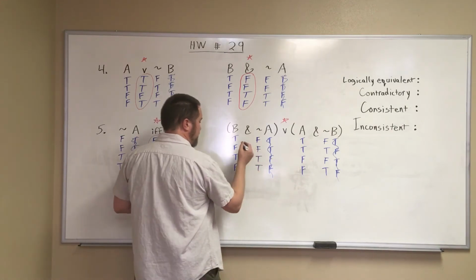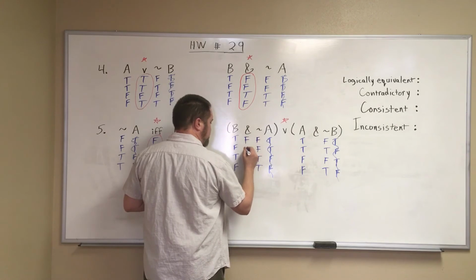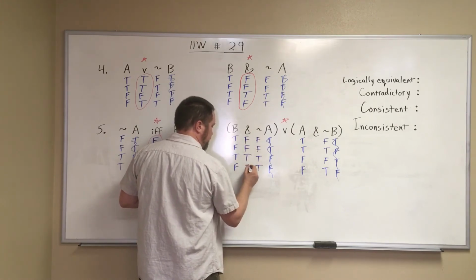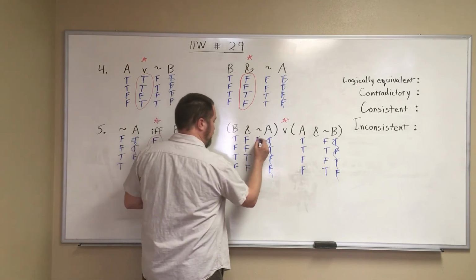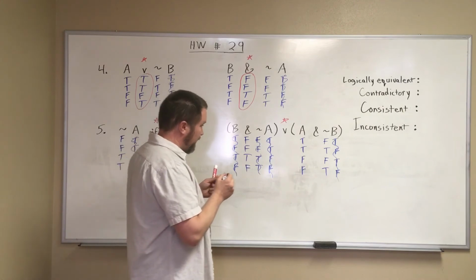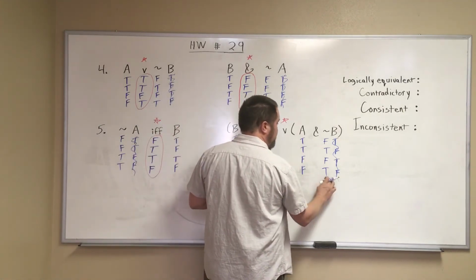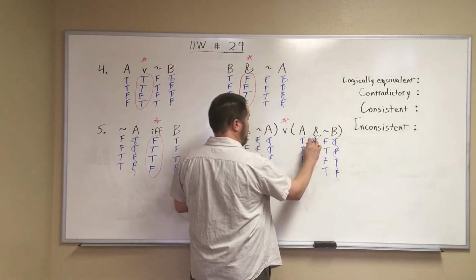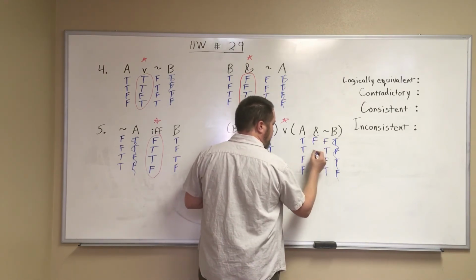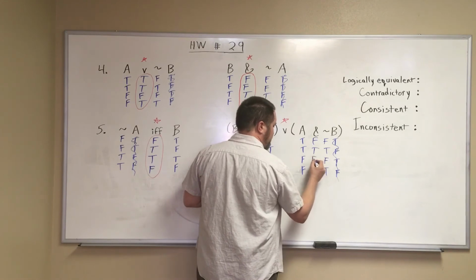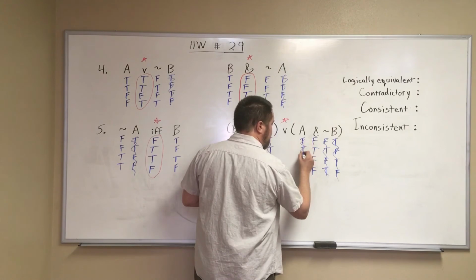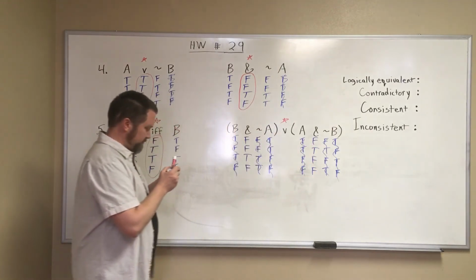For a conjunction, they both have to be true. That's false, that's false. They are both true here, so that's true, and false. We can cross out those two. And we're looking at these two columns for this conjunction again. There's a false there. These are both true, so that's true. False there, false there. Let's cross out these two unneeded columns.